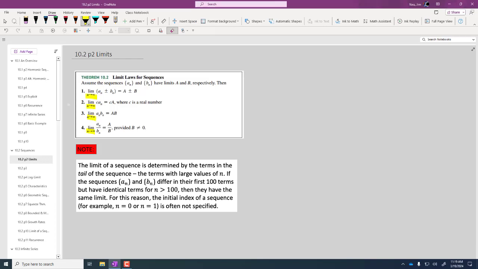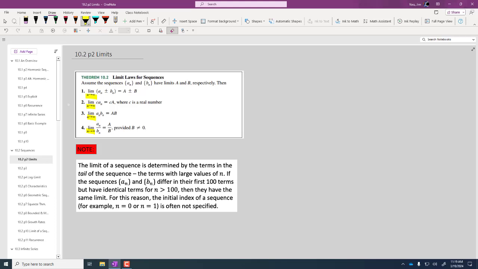And these are all super intuitive properties. If you have two sequences and they both converge, if you add them together, that new sequence converges to the sum of what the original limits were. So the way we say this is the limit of a sum is a sum of limits. The limit of a constant times a sequence is the constant times the limit of the sequence.